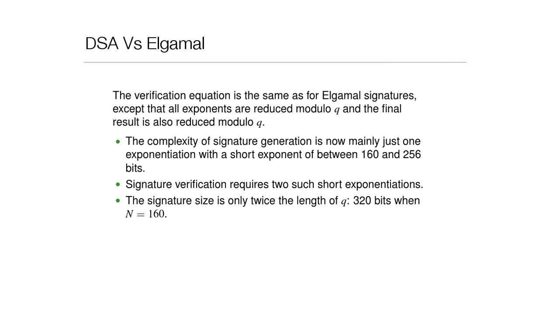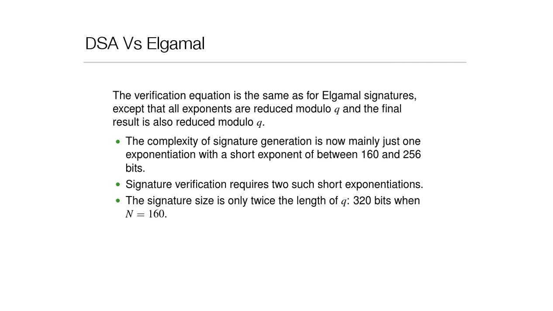The complexity of signature generation is now mainly just one exponentiation with a short exponent between 160 and 256 bits to make it efficient to compute, and signature verification requires two such short exponentiations.